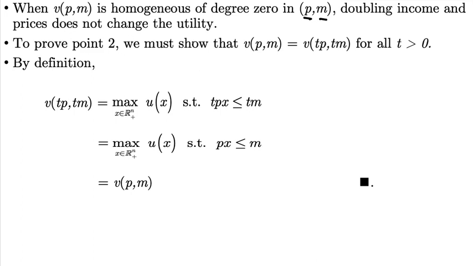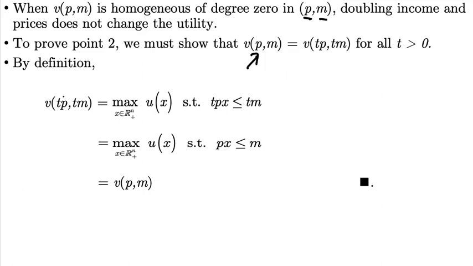So how do we prove it? Basically, if we take any constant or a scalar, call it t, and t has to be non-negative, then if we multiply the price and also the income by t in the indirect utility function, it will always give us the same indirect utility function like this.